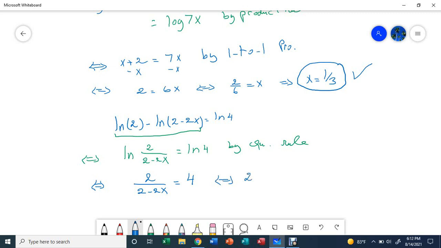So 2 minus 2x times 2 over 2 minus 2x equals 4 times 2 minus 2x. Just multiply both sides by the same number.